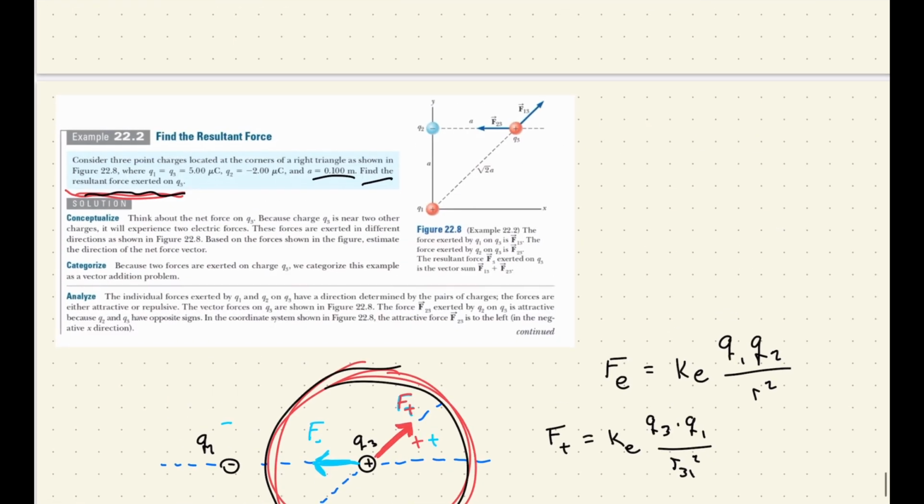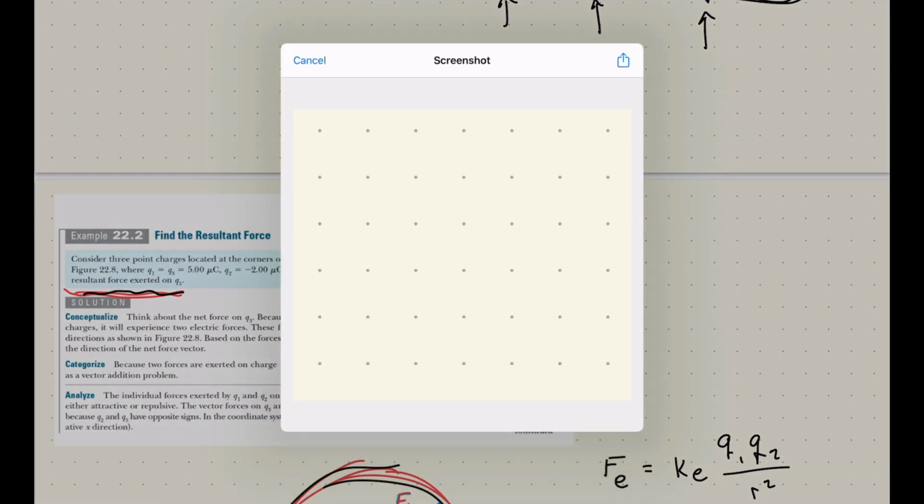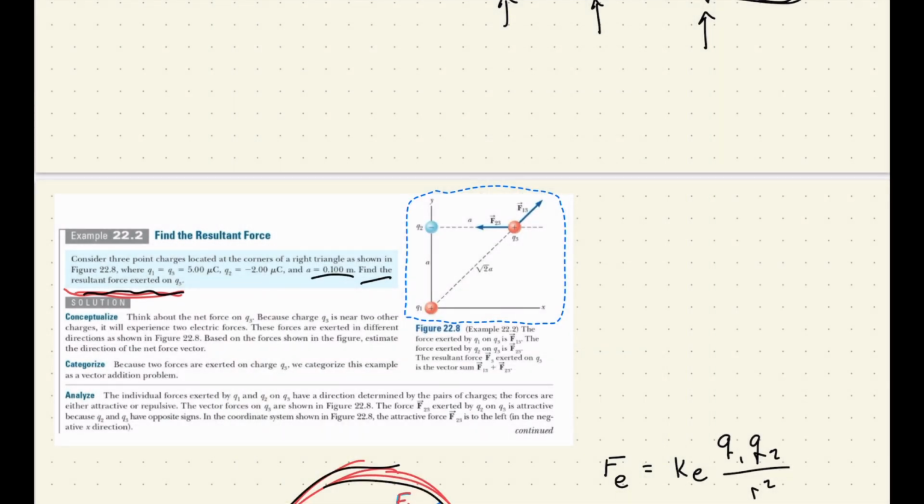Now, how do we do that? It's a little crazy. Let's look at the picture here. Let's think a little bit. I'm thinking. Let's take a screenshot of this and think on another page.